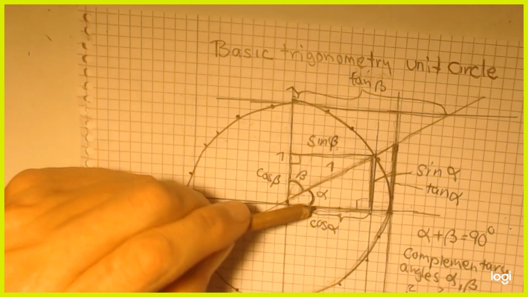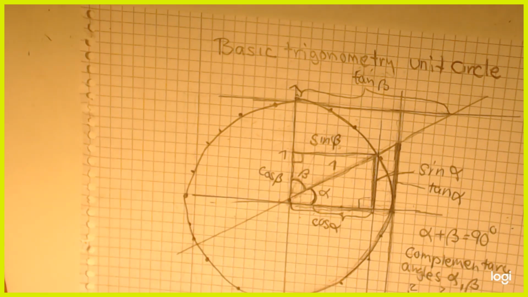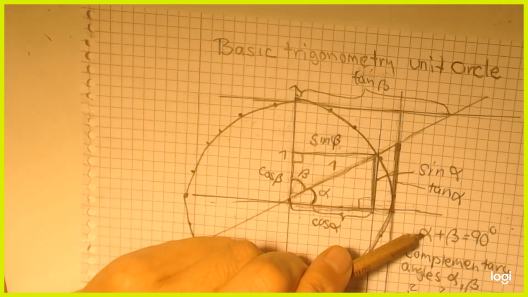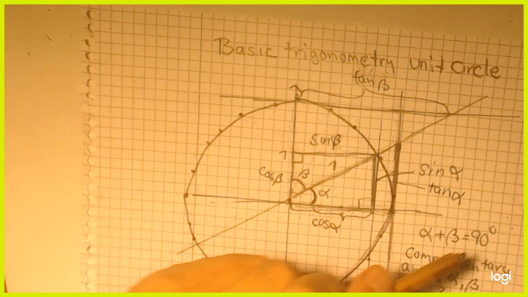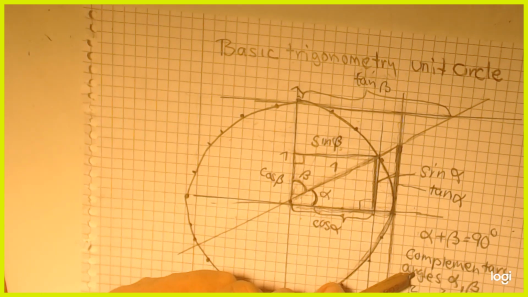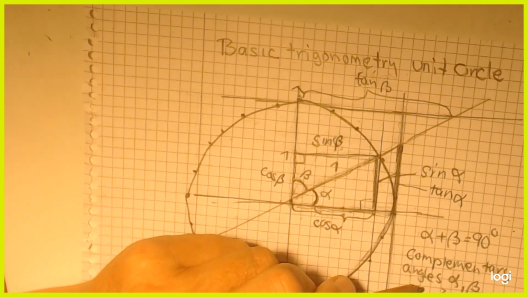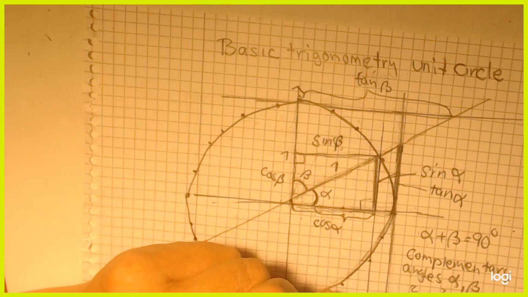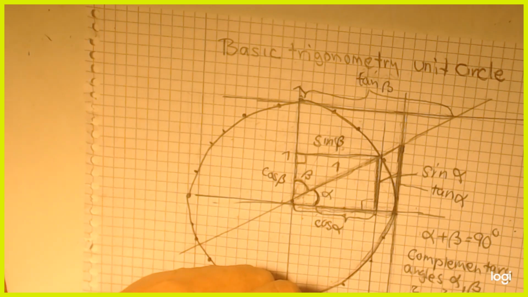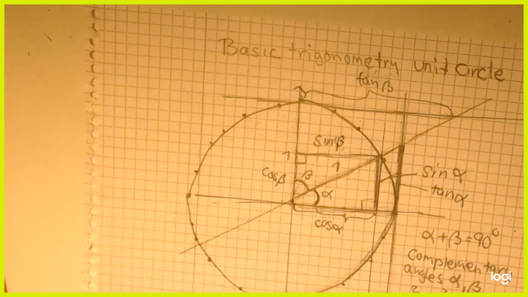Alpha plus beta is a right angle, so it's 90 degrees. And they are called complementary angles. And the Pythagorean theorem says that 1 squared is equal to sinus squared alpha plus cosinus squared alpha.